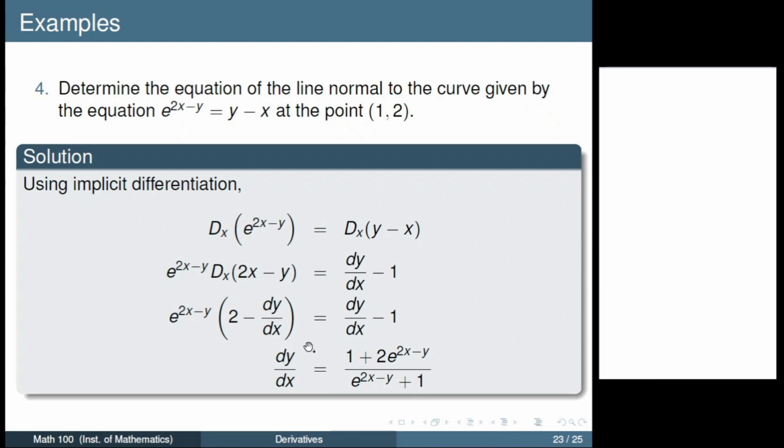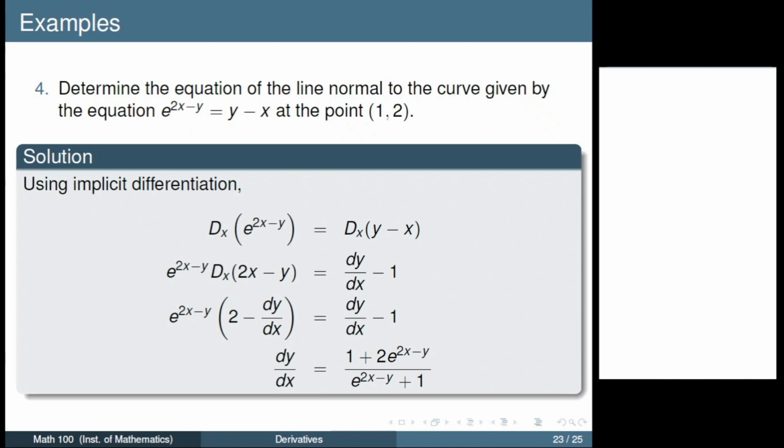So, here hindi natin papakita yung details, pero same lang siya sa ginagawa natin kanina and from the last meeting. Dito, kailangan nyo lang ito i-factor out. Isolate dy over dx on one side. Tapos, factor out dy over dx. Kung ano man yung nakamultiply sa dy over dx, i-divide natin yung whole expression para dy over dx na lang yung one side. Okay, sige, I will give you some time to do that.